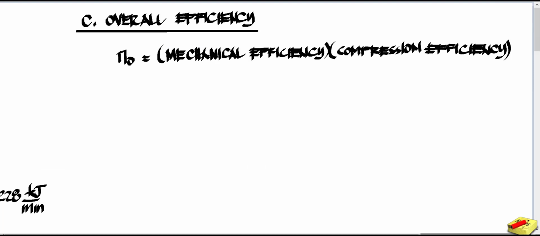For the mechanical overall efficiency, we have the mechanical efficiency times the compression efficiency.